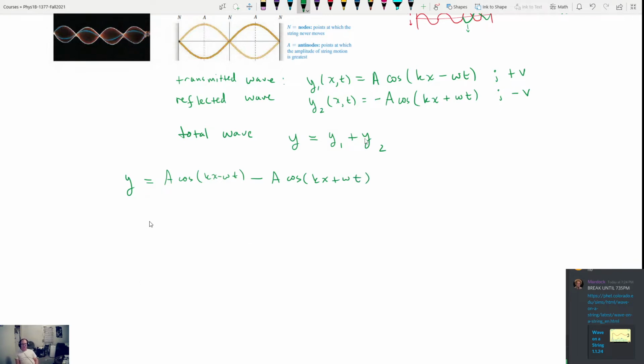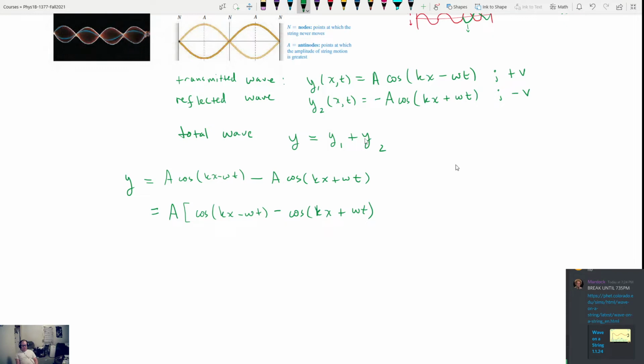We can group some terms here. Well, just one. We can factor out the amplitude. So we have amplitude times cosine of kx minus omega t minus the cosine of kx plus omega t.